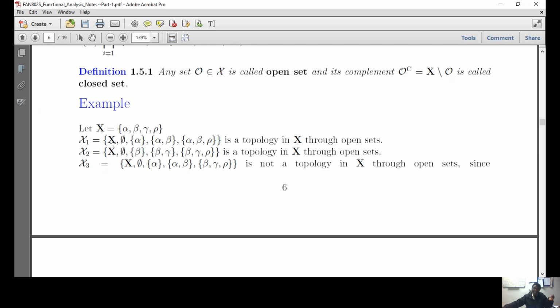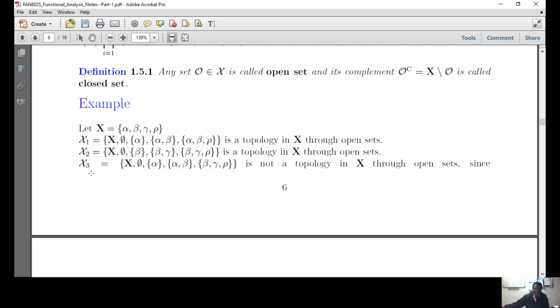It's an open and a closed set at the same time. And similarly, the empty set, which is the complement of X, is a closed set. Because X is an open set, its complement is a closed set, and its complement is the empty set. So the empty set also will be both a closed and open set for the topology. So this is very important to understand.